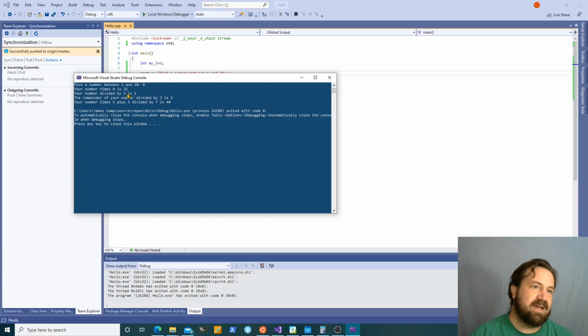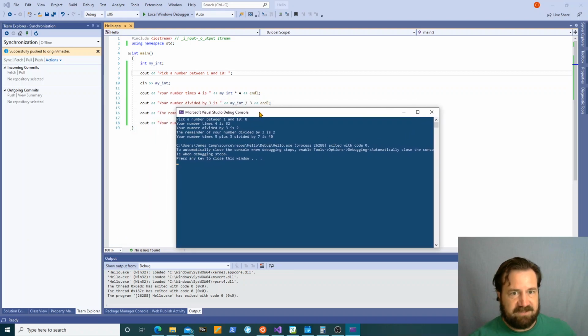8 divided by 3, we should expect to come out as 2.667 or something like that. But this is an integer divided by an integer, and when C++ or any of the C family languages do integer math, an integer divided by an integer must be an integer.